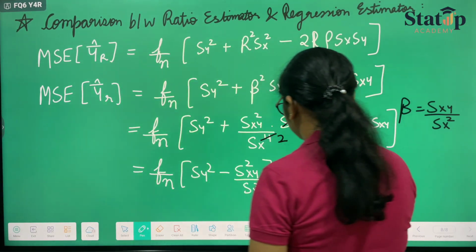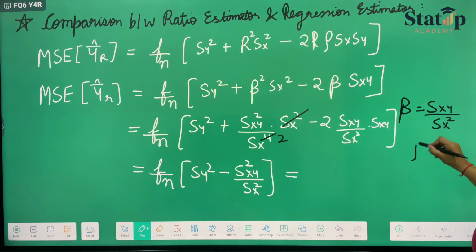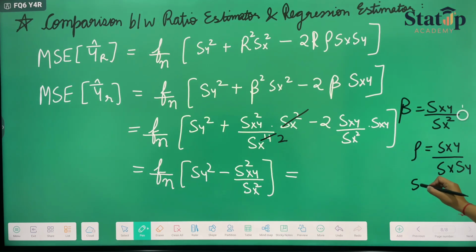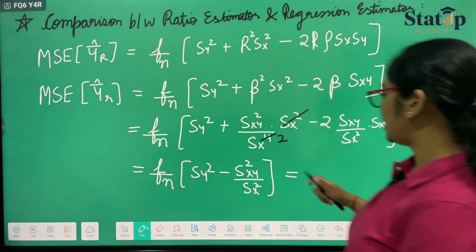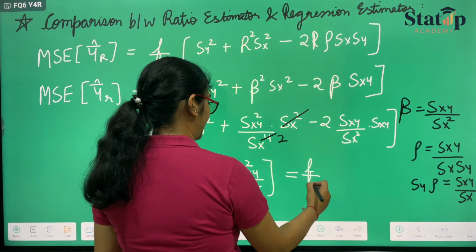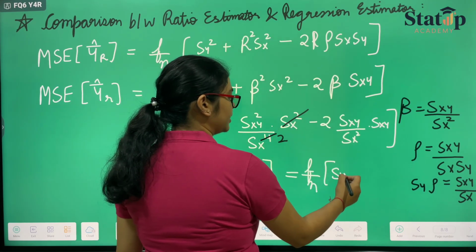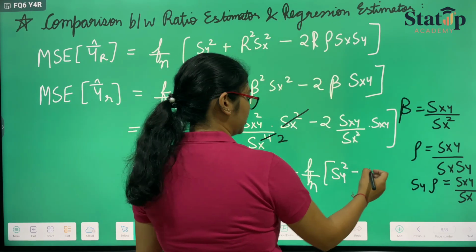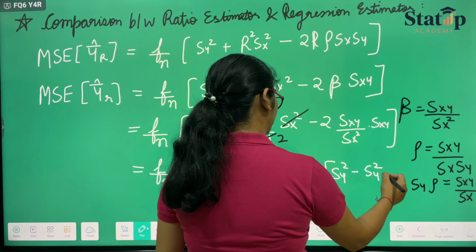Further, we know that rho is nothing but Sxy upon Sx into Sy. So Sxy upon Sx can be written as Sy into rho. Substituting the value here, we will get f by n into Sy square minus Sy square into rho square.